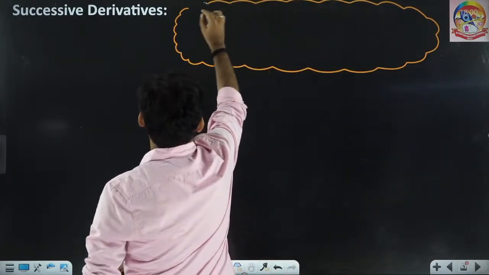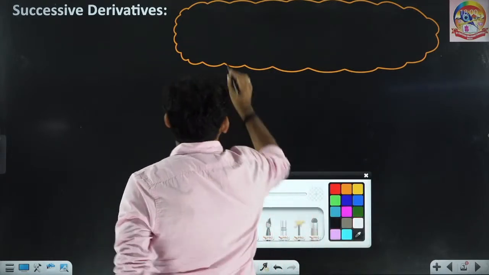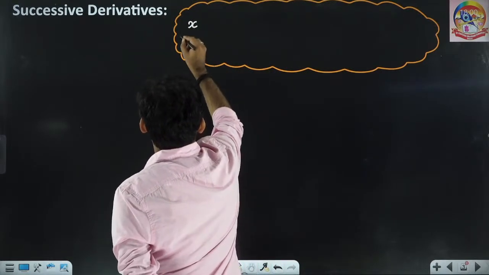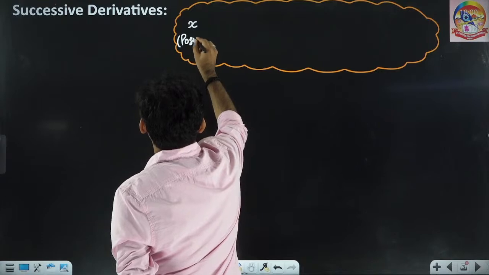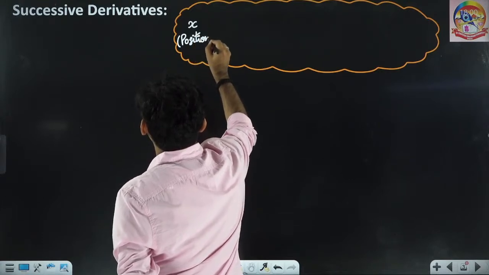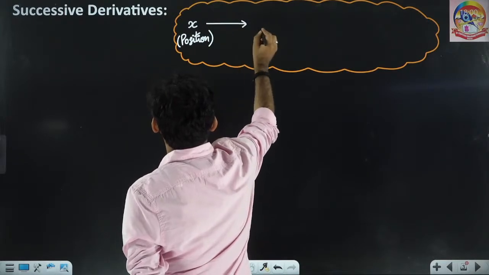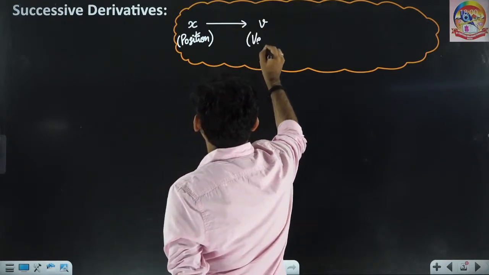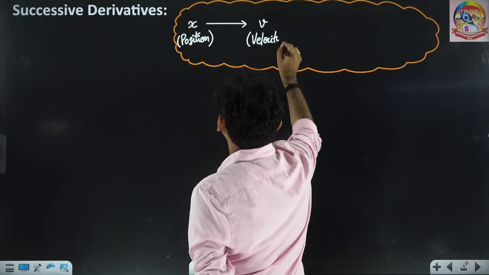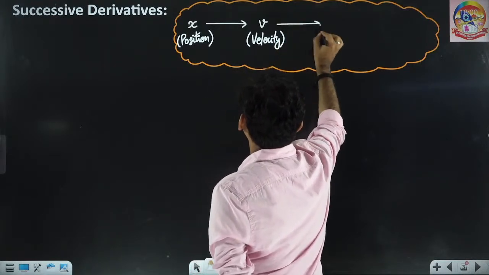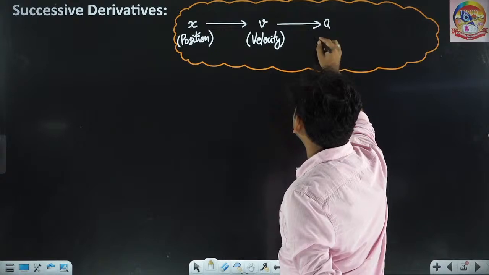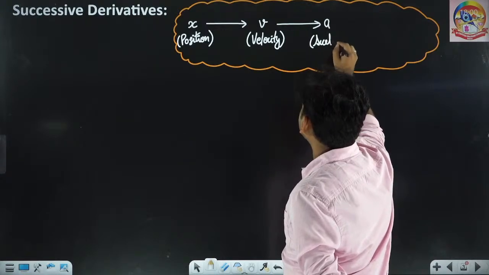Now see. If we talk about the position x, and we differentiate it with respect to time, you will get velocity, the velocity vector. You differentiate it again with respect to time, you will get the acceleration vector, and all of them are vectors.